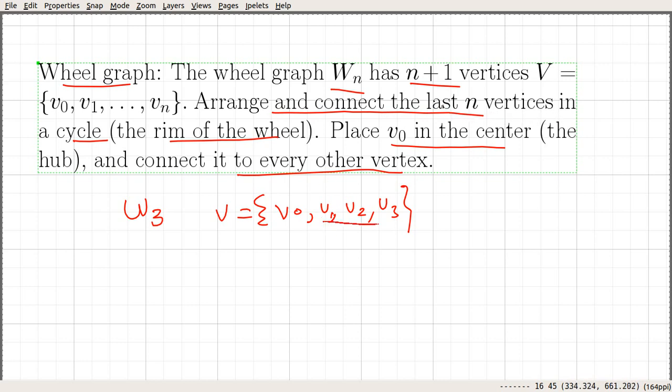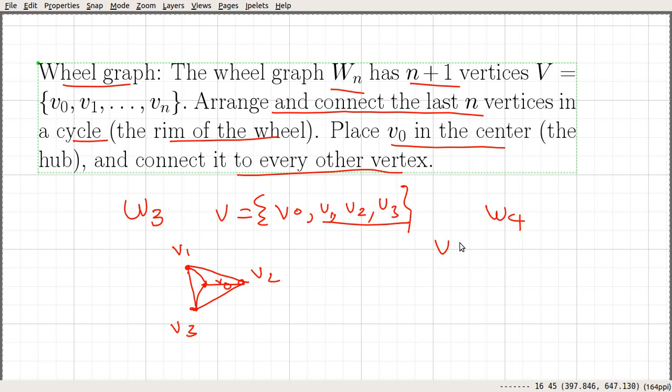So we consider these three vertices v1, v2, v3, similar to the cycle graph, and we connect these vertices by edges. Then we place v0 here, and we connect v0 to all other vertices. So this is W3.